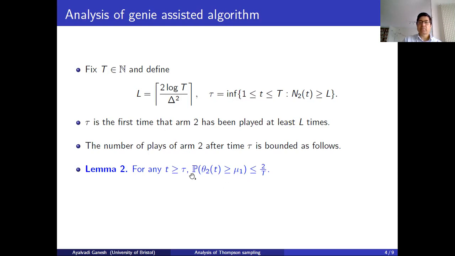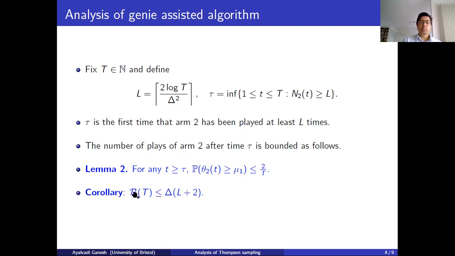So that's the only circumstance under which this arm is played, and we show that the probability of this event is bounded by 2 over t. Hence, the probability of playing arm 2 in any such time step after tau is at most 2 over t.